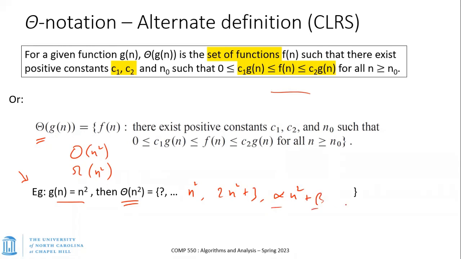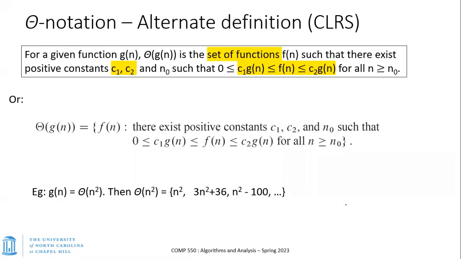So that set of functions would now be considered to be theta of n squared. And so basically the idea is that this set of functions is exactly going to have the same rate of growth. Okay. So these are the set of functions that satisfy. These are some examples.